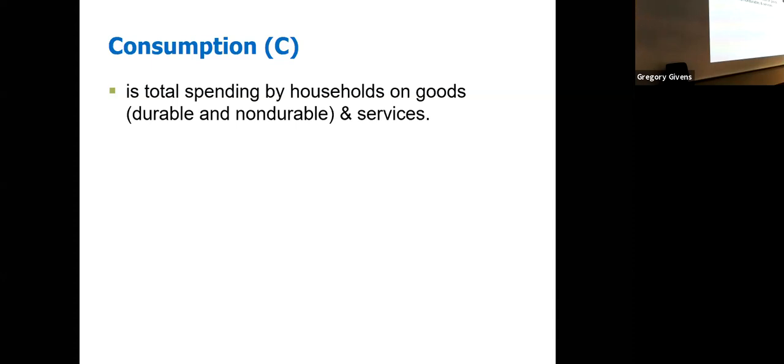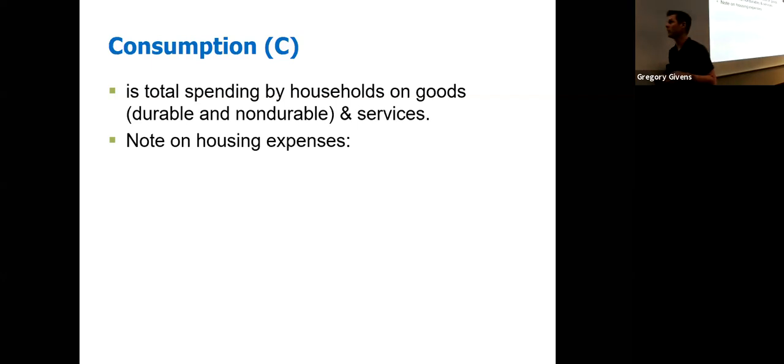We have durable goods, like automobiles, computers, large appliances. And we also have services, spa treatments, therapy sessions, etc. So durables, non-durables, and services make up total consumption spending.